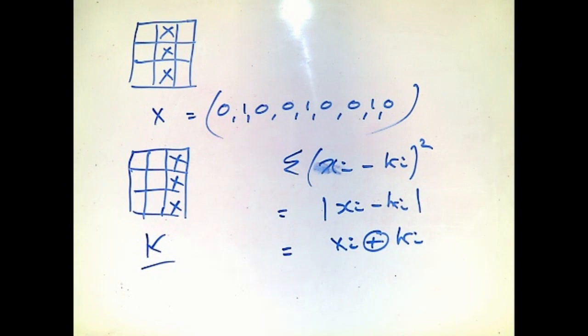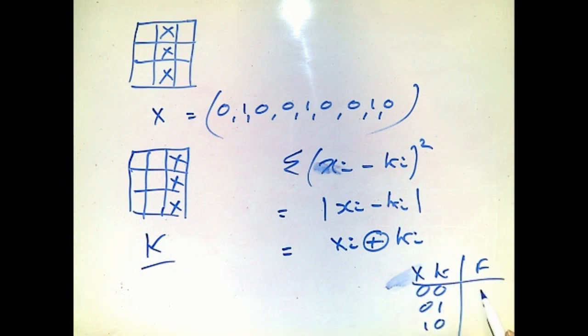And in English, exclusive or, oh dear, we're back to level 1 now. X and k, and this is f if you like, 0, 0, 0, 1, 1, 0, 1, 1, and the XOR is going to be 0, 1, 1, 0.